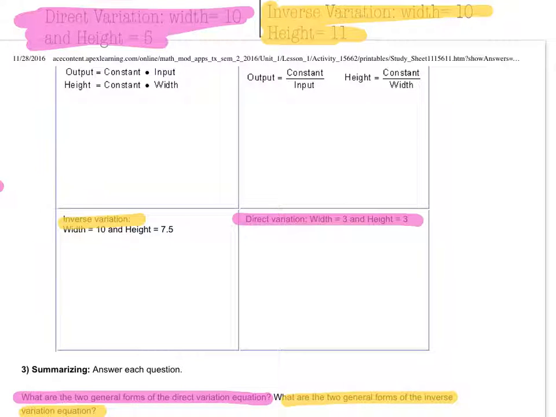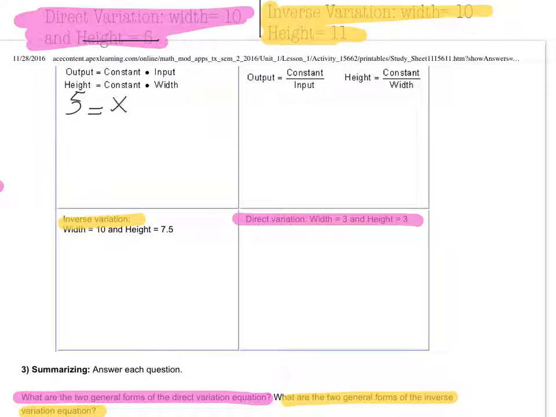And so here we go. Direct variation with a width of 10 and a height of 5. We know that our equation is output equals constant times the input, where the height is going to be 5. I'm just plugging in what's given. I know that the height is 5, so right here I'm going to put a 5. So 5 is going to be equal to my constant.